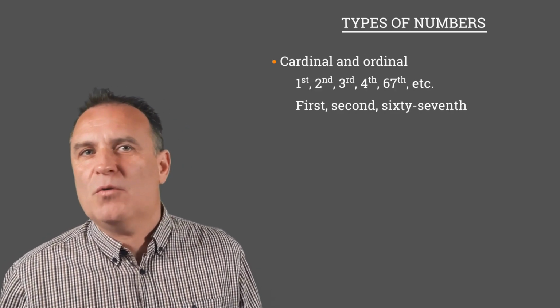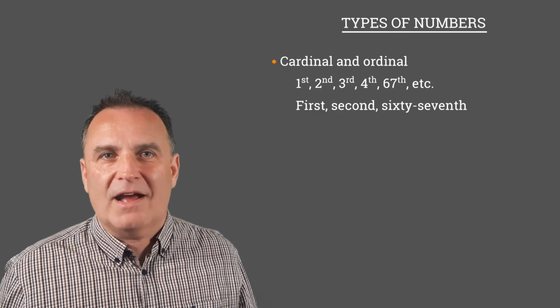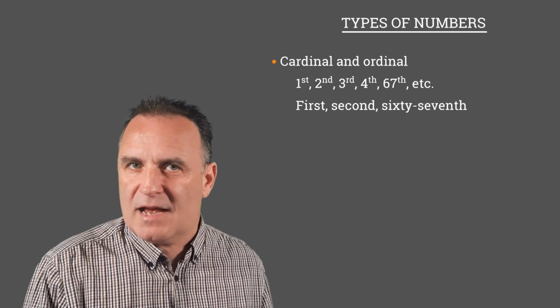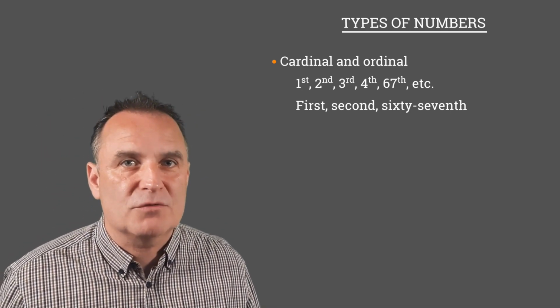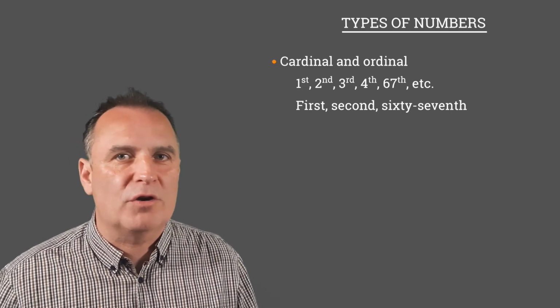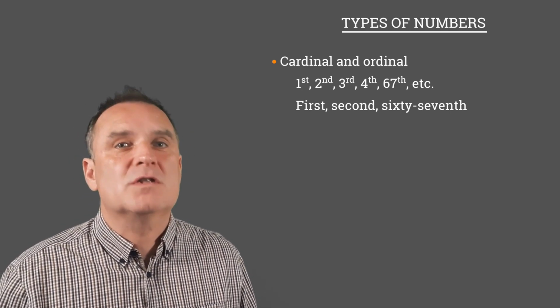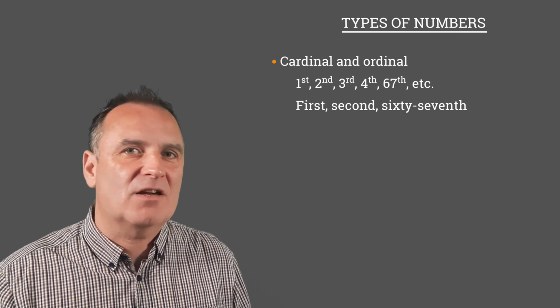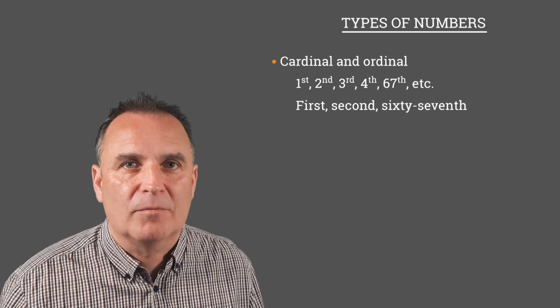We have yet another way to divide numbers into two groups, if you like, and that's the cardinal numbers and the ordinal numbers. So cardinal numbers, for example, are 1, 2, 3, 4, 67, right? And ordinal numbers are first, second, third, fourth, 67th, for example.